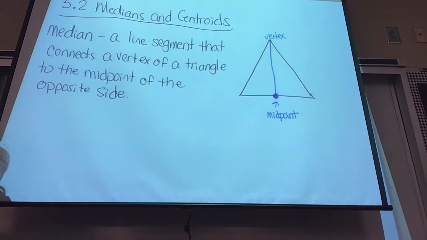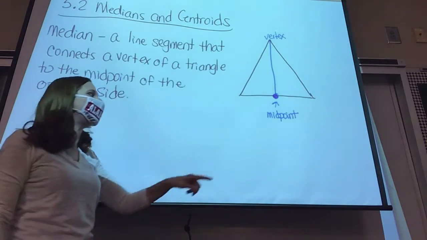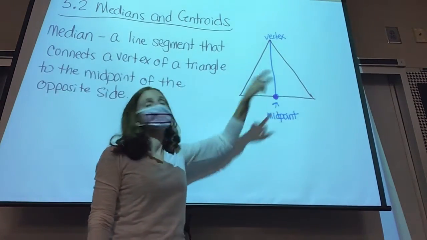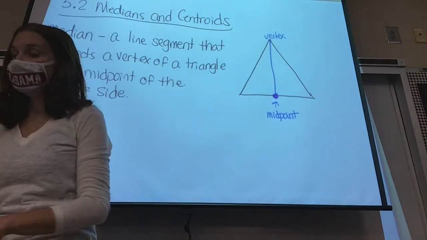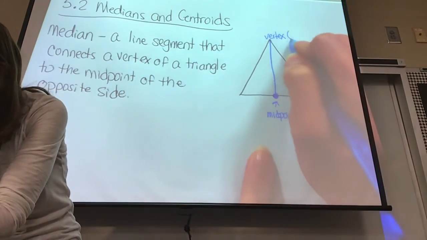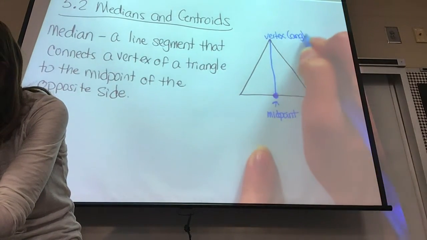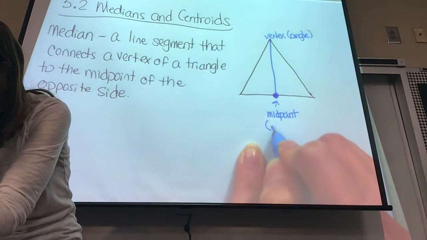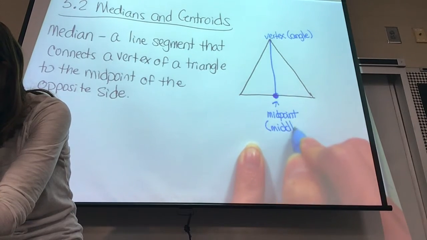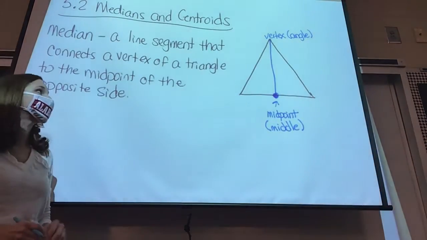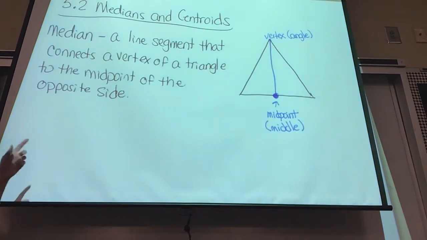So my vertex is the angle, the midpoint is the middle of the other side. So that's what I wrote in here. So the vertex is my angle, the midpoint is the middle of the other side.